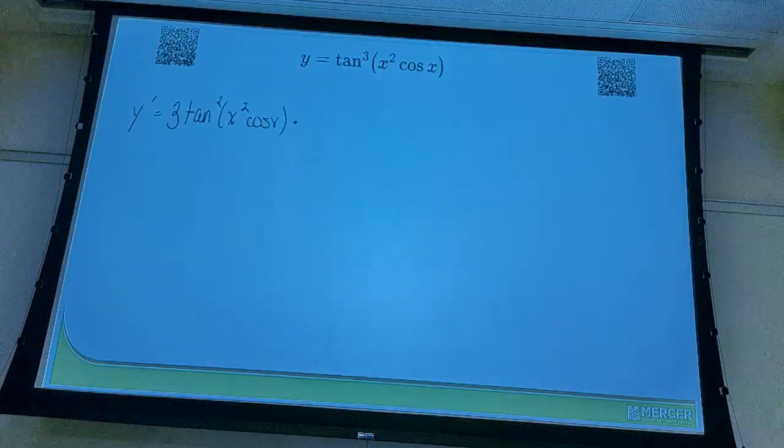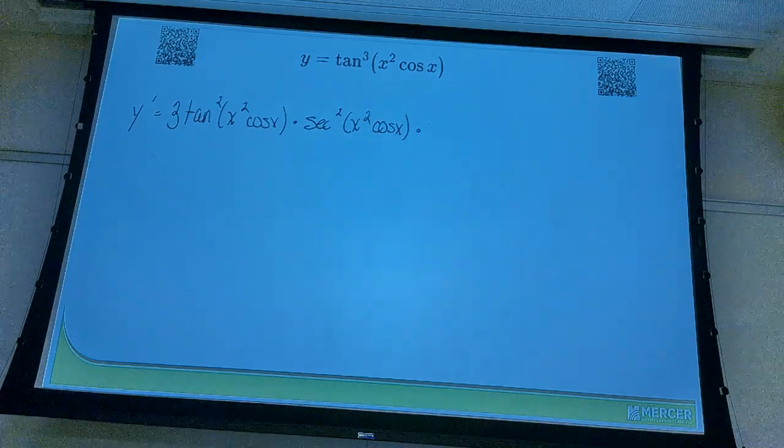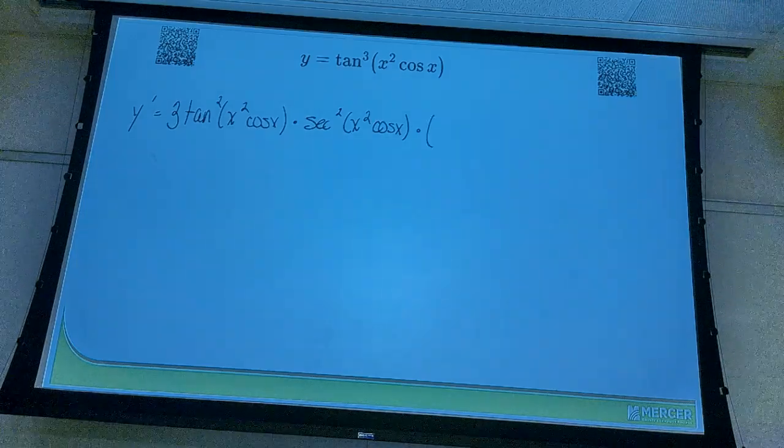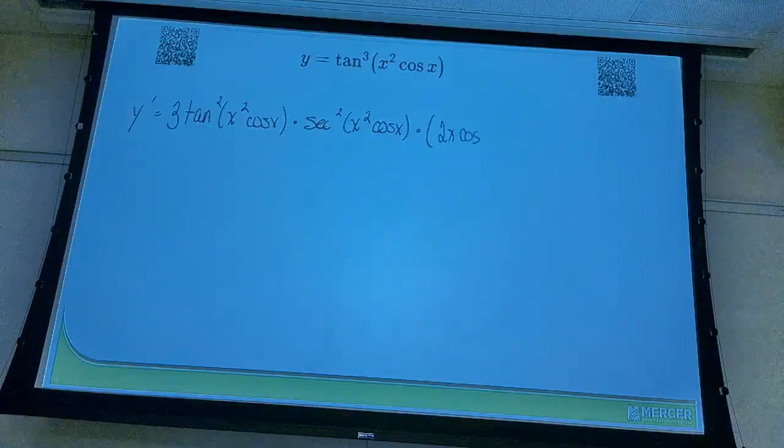Secant squared. But what are you taking the tangent of? Product. What does the product rule say? X times g plus 2 prime. What is the derivative of x squared? What is the derivative of cosine?